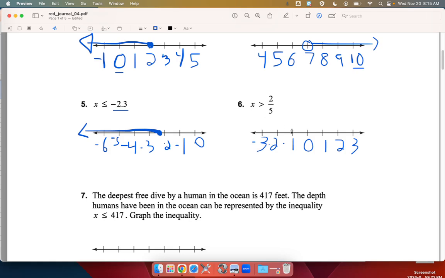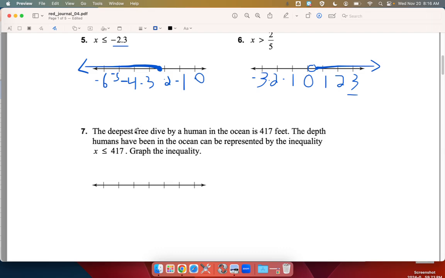And since 2/5 is between 0 and 1, just a little bit down here. Oops, don't go like that. Should be an open circle. And then they say, all right, since it's supposed to be greater, the numbers are greater than 2/5. X is greater than 2/5. So if I pick a number over here, like 3, 3 is greater than 2/5. So I've shaded that the correct way.